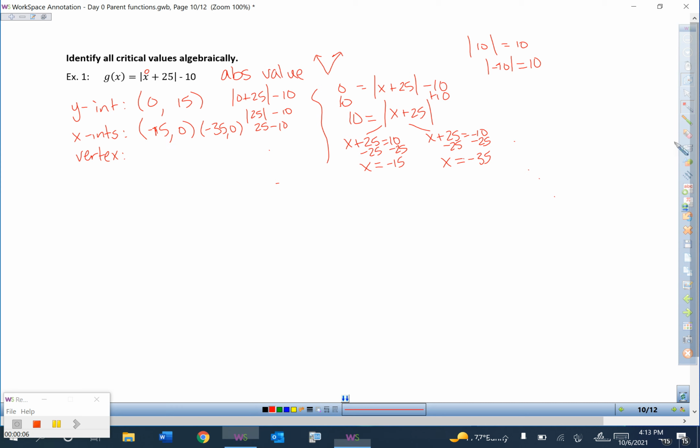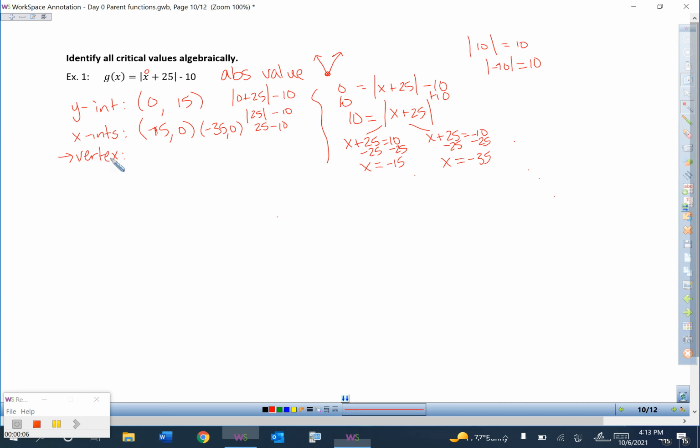Lastly is the vertex, and this is different than the vertex of a parabola, just like how we solve the x-intercept is different. For this vertex, this is special for this graph, but in all graphs of those parent functions, I always had you put the point that you were dealing with on the graph, or the asymptote that you were dealing with on the graph.